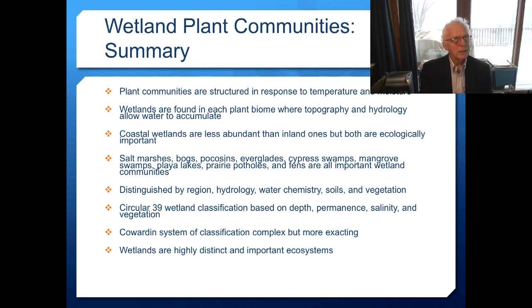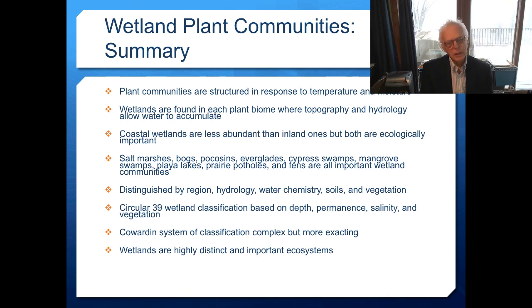And we reviewed in this particular session a variety of different types of wetlands that are important in the United States in any case, and those would be salt marshes, bogs, pocosins, Everglades, cypress swamps, mangrove swamps, playa lakes, prairie potholes, and fens. They're all important wetland communities in different areas.